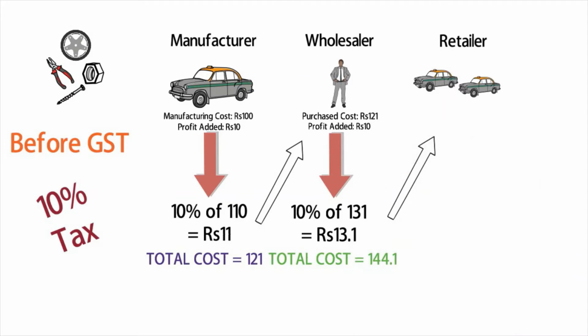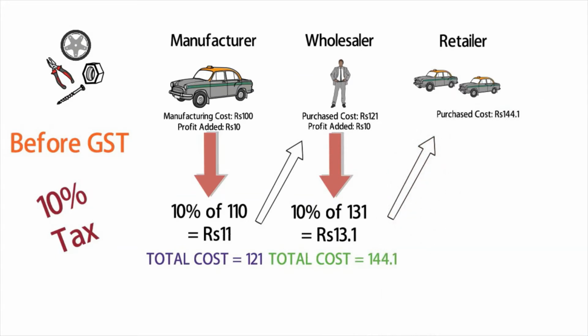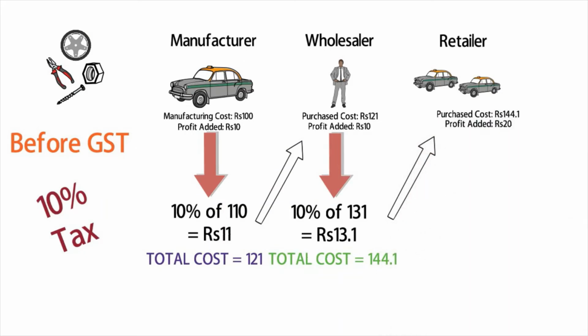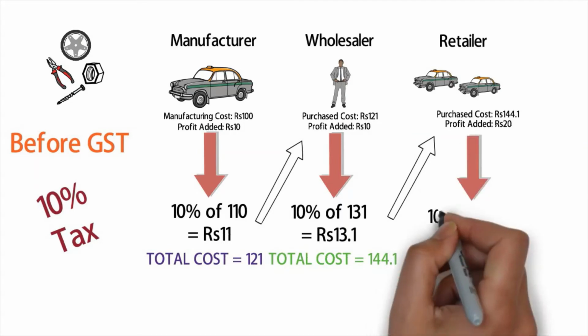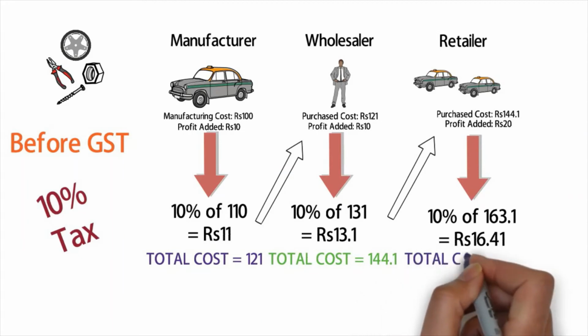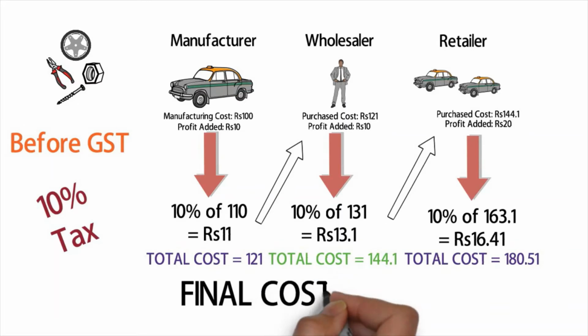Now this car is sold to a retailer who buys it for 144.1 rupees. Now the retailer adds 20 rupees as his profit. But even he needs to pay a tax on the total cost of the car. So he'll pay 10% on 163 rupees. This will take the price of the car to 180.51 rupees. So the consumer buys the car at 180.51 rupees.